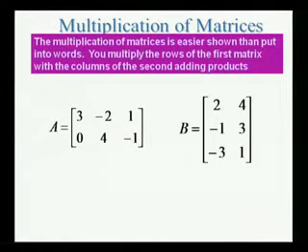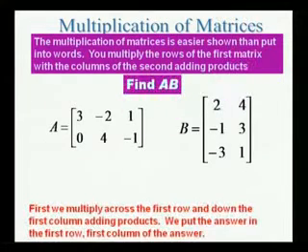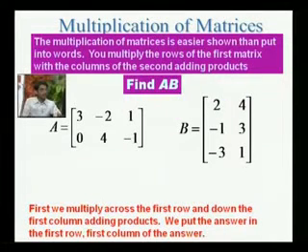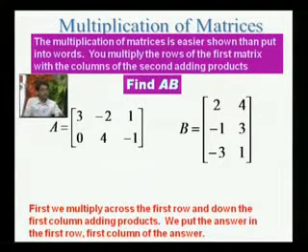Here we have two matrices, A: 3, minus 2, 1, 0, 4, minus 1, and B: 2, 4, minus 1, 3, minus 3, 1, and we want to multiply A with B. First we multiply across the first row and down the first column.